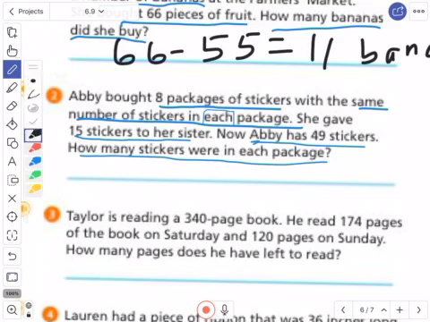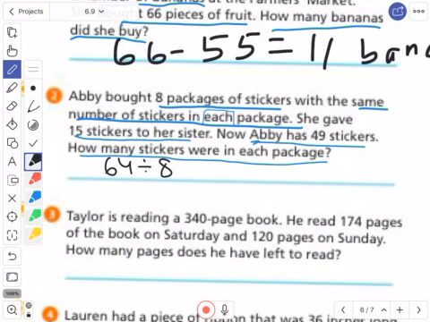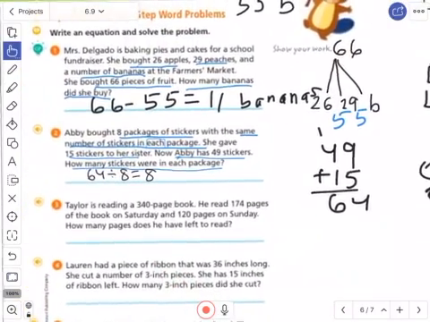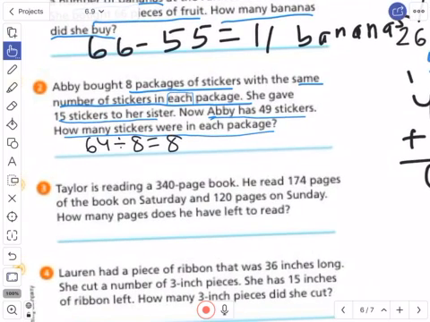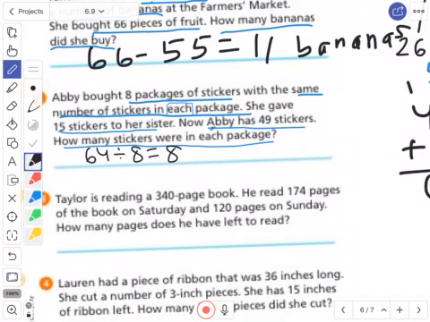So over here I'm going to write 64 divided by 8 equals 8. Cool. And I should write 8 stickers.